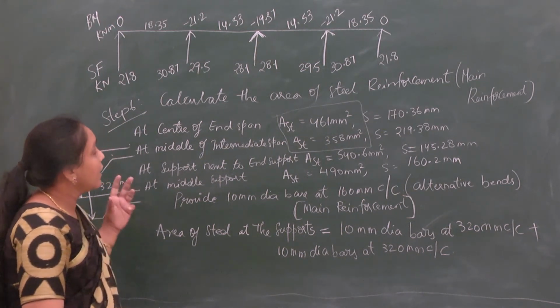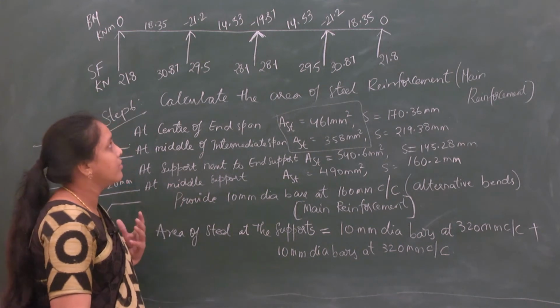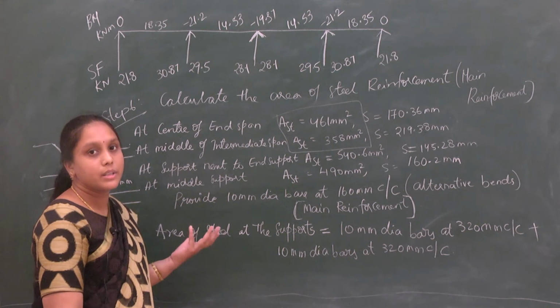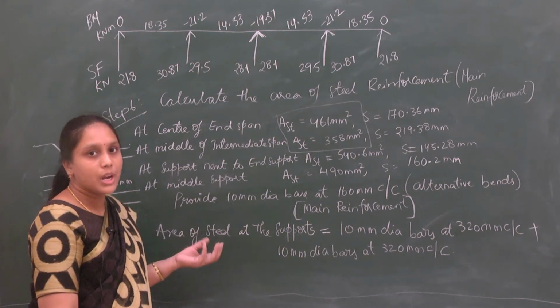Now, as we have a negative moment, we have to provide the extra reinforcement at the top. That is, at the supports we have to provide the extra reinforcement.